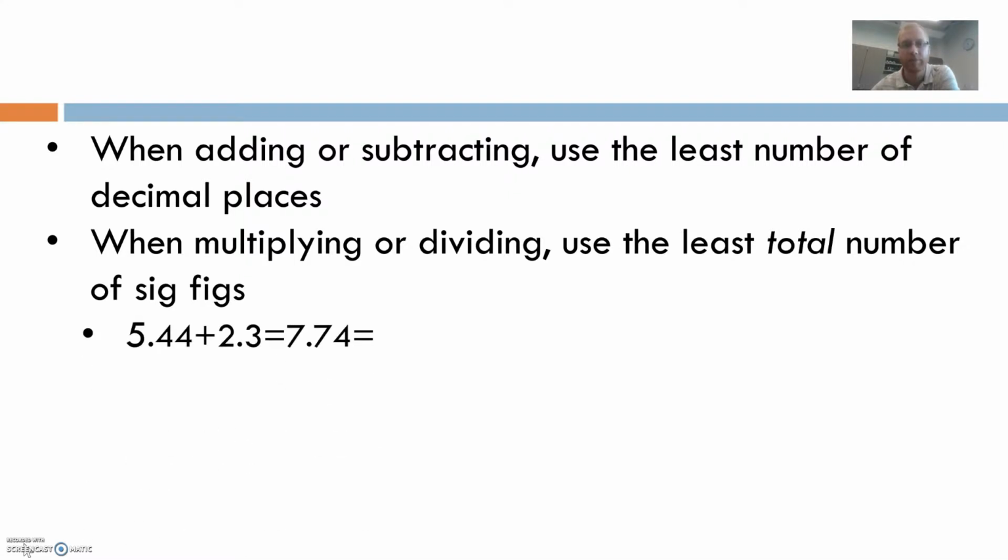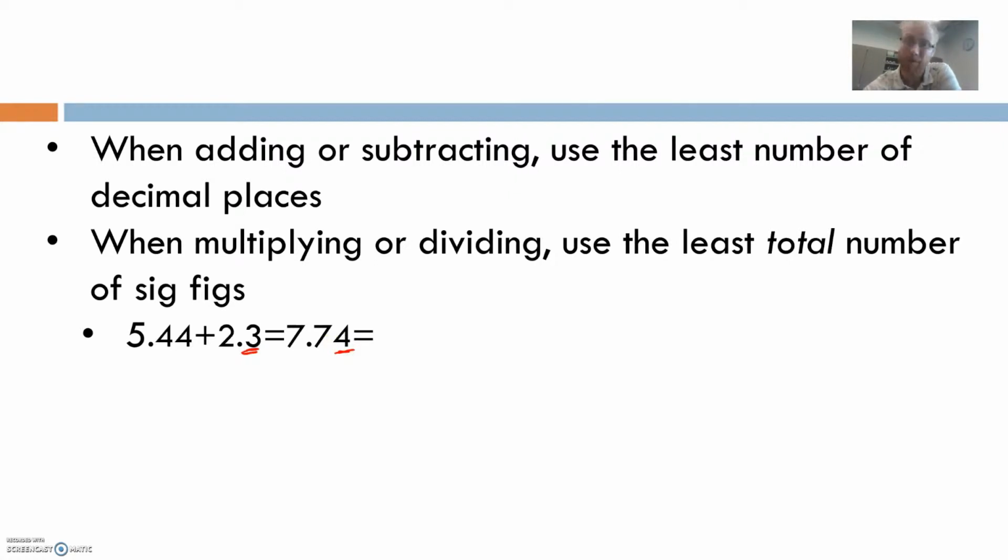Okay, examples. 5.44 plus 2.3. You plug that into your calculator and you get 7.74. Okay, but here's the thing. You only know this number to the 10th place. You don't know what number comes after the 10th place, because your measurement doesn't take it out that far. So, is this number a 4?